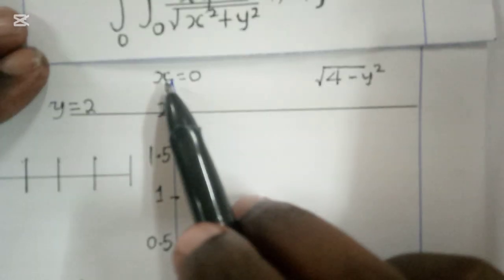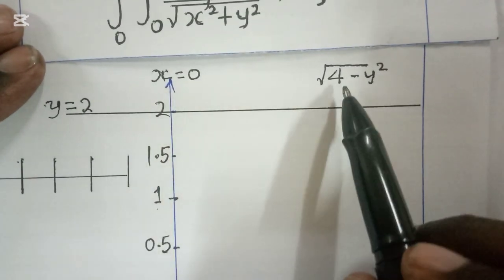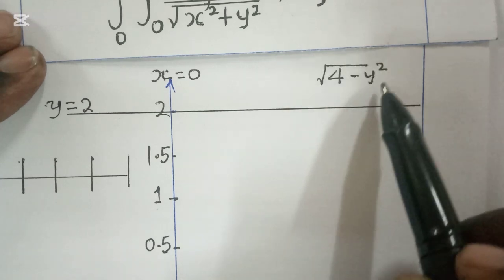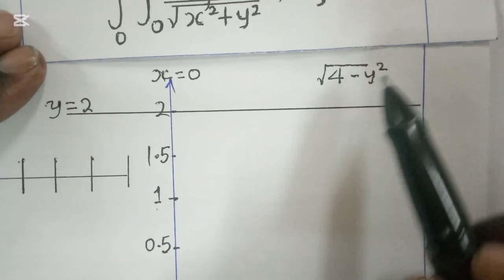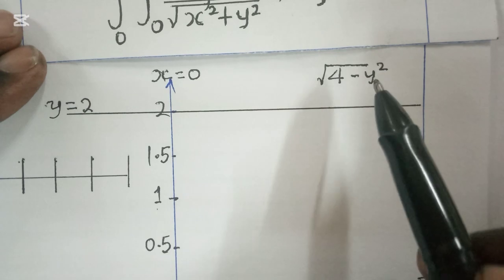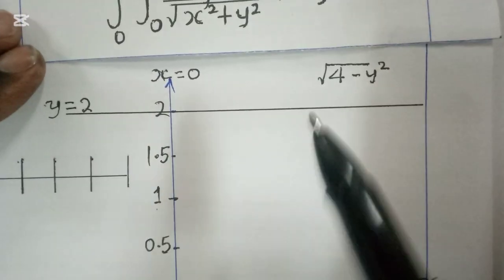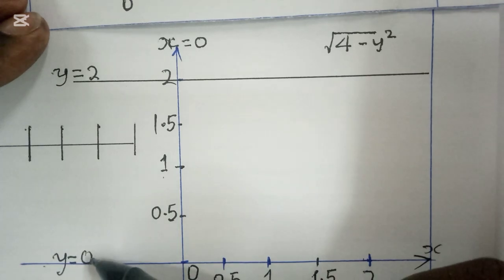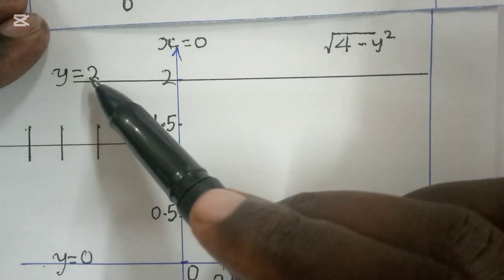Remember this is x equals 0, and we want to find our value here. This is a curve, and it lies between y equals 0 and y equals 2.